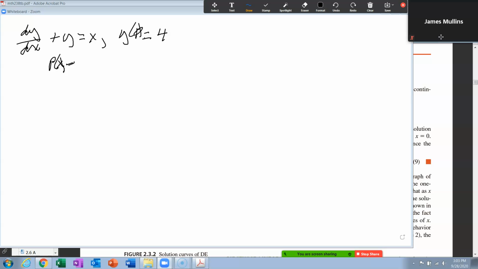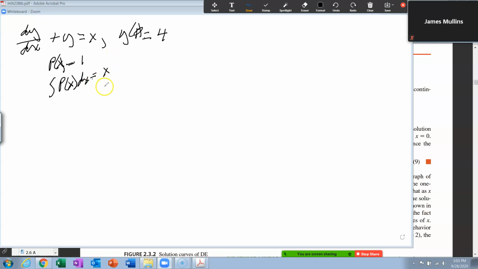First thing we're going to do is identify our P of X. P of X is a coefficient of your Y. That's obviously just 1. So the next thing we do is integrate that P of X dx. And the antiderivative of 1 is just x. Now remember, when we do that integration, we don't put a constant in.